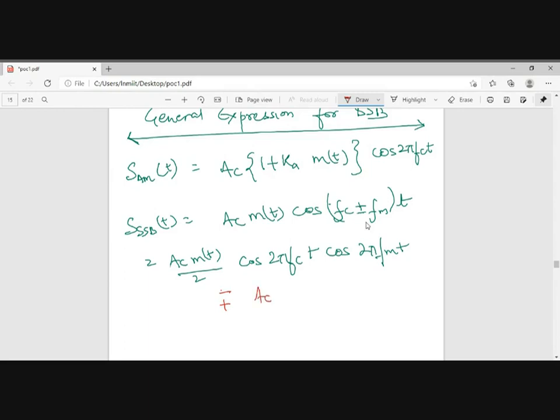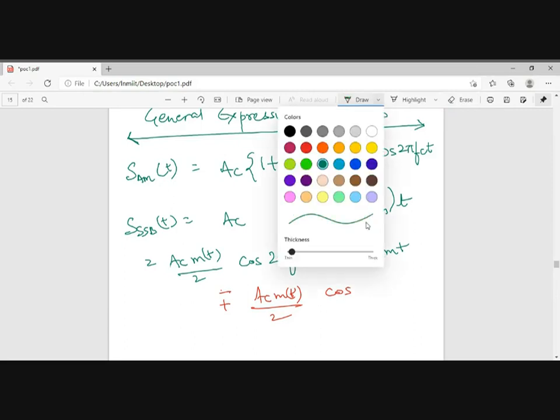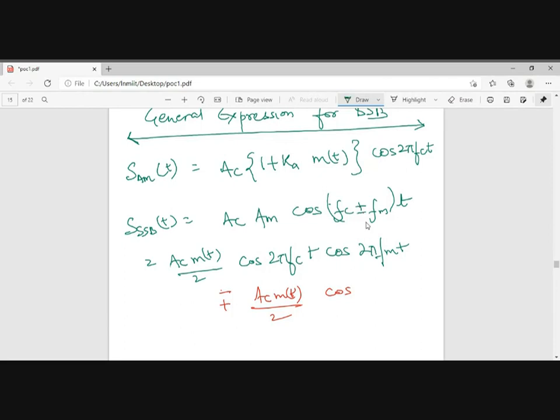Plus Ac mt by 2 cos of, sorry, if I have said mt, I'm talking about fm, so I should be writing Am here. Ac Am by 2 cos of fc plus fm t, right?